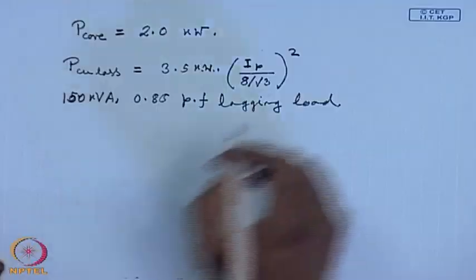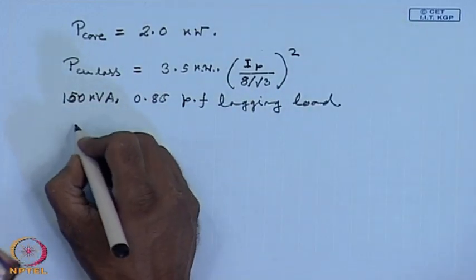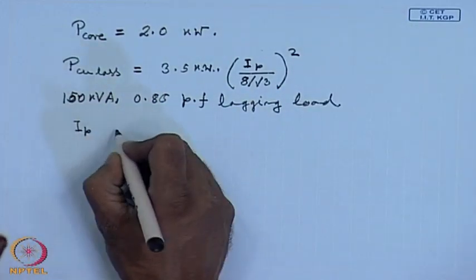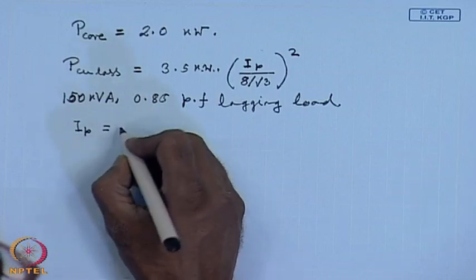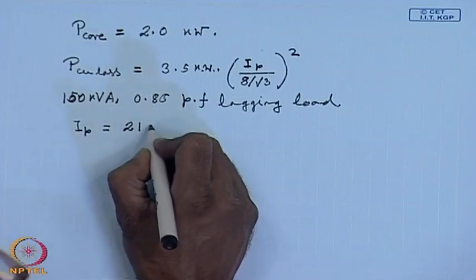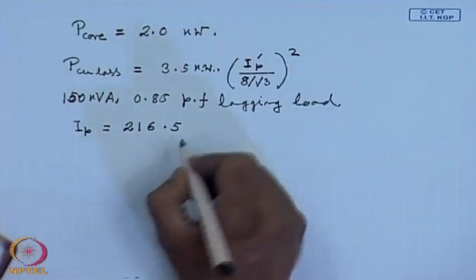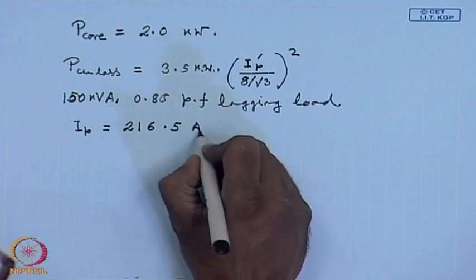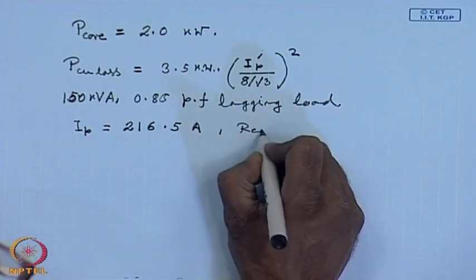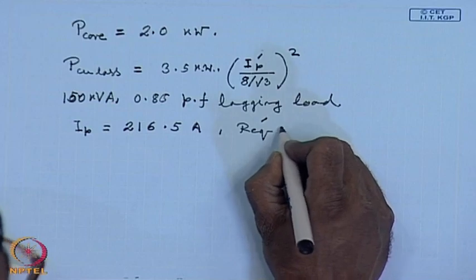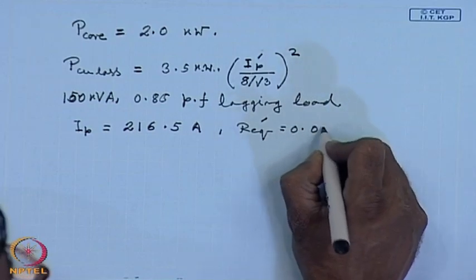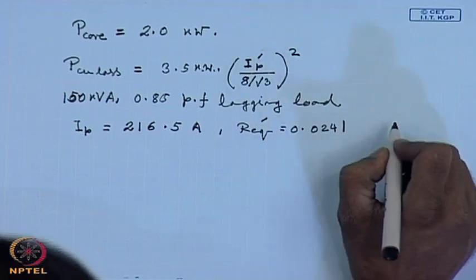We have found that in that case the I p on the low voltage side was 216.5 ampere and R e q dash for this transformer was 0.0241.